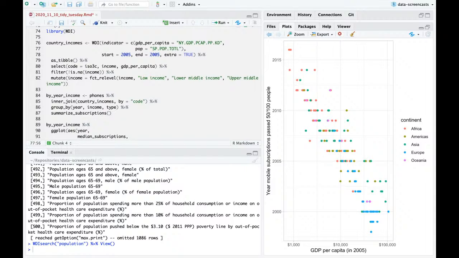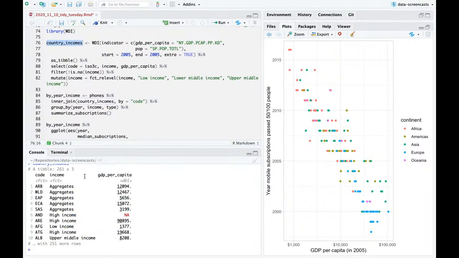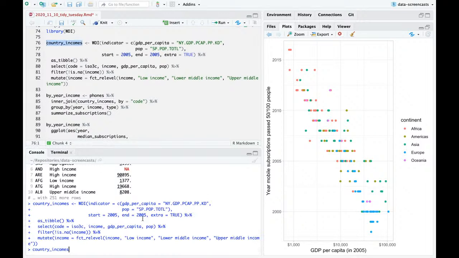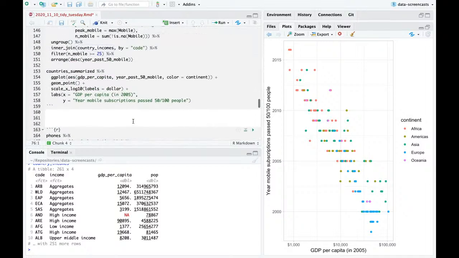Now I'm going pop 2, and now I have some more stats. Oh, I need pop. Why do that? Because I want to size these by population.